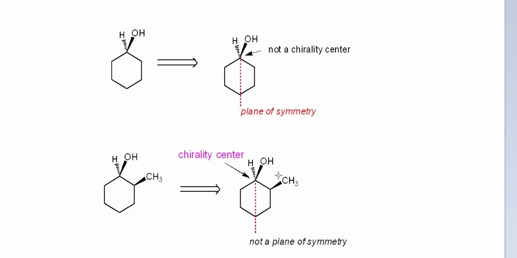It effectively has four different groups: the OH, the hydrogen, this chain part of the ring, and the fourth group is this chain, which is different from the other chain, the chain having a methyl group. So indeed, this carbon of the ring is a chirality center.